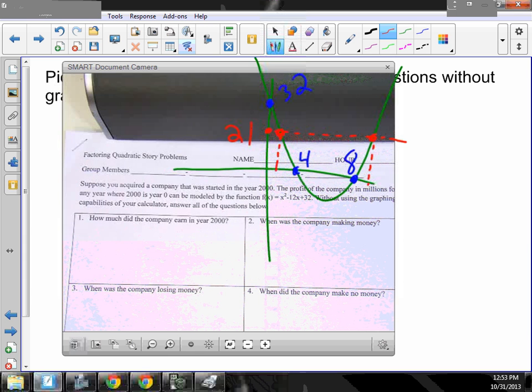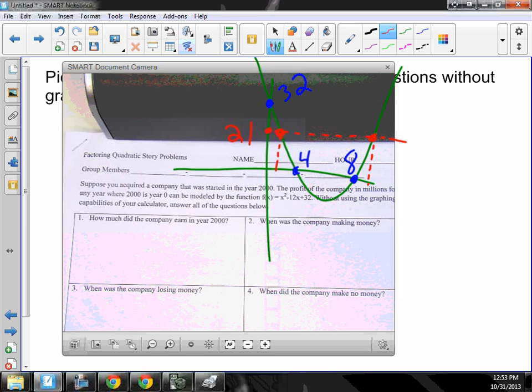Plug what in? You could guess. The trouble is, if you didn't know there were 2 answers and you were guessing and you found one answer, you'd probably say, oh, I got it. And what if you had a different equation that had 3 answers or 4 answers or 5? That'd be kind of a mess. You could use the table value on your calculator, but then again, you'll run into the same problem. How do you know there are more answers?